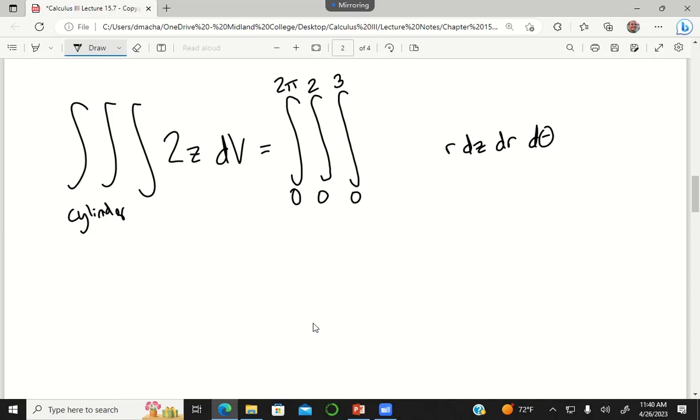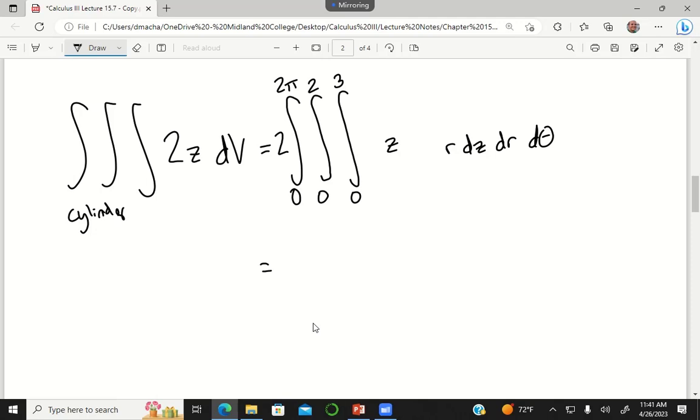Okay, and then the meat of this is 2 times z, so I'll put the 2 outside, and the z in cylindrical coordinates is still z. So we're good to go. Antiderivative with respect to z is going to give me z squared over 2. So I'll just forget about that 2, and this becomes a z squared. I'm going to plug in 0, and that makes it 0.